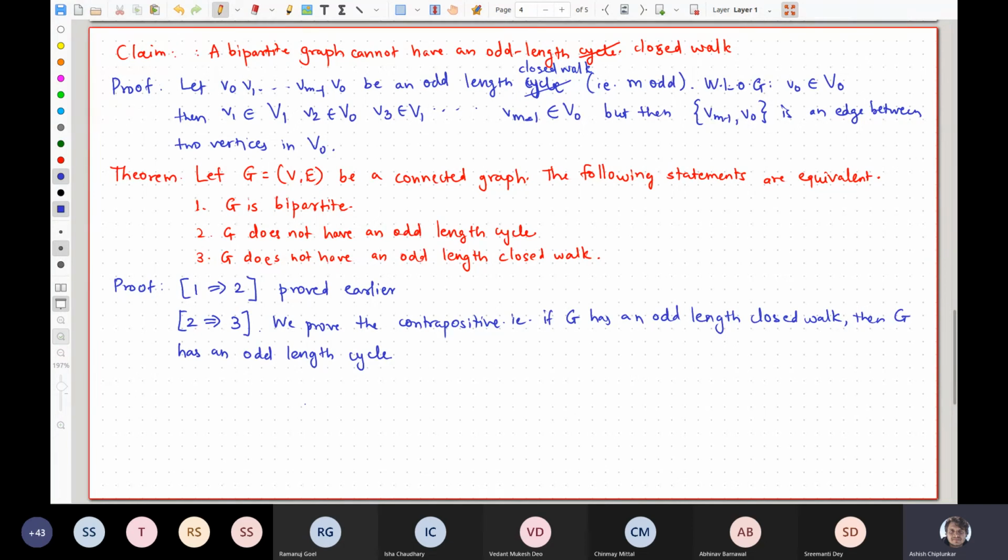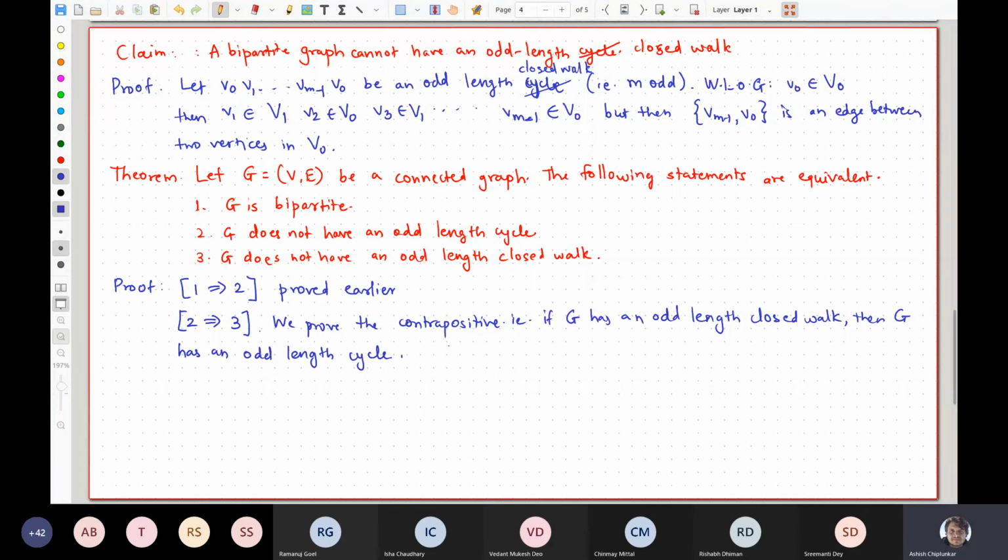Well ordering principle. Absolutely, lovely. Do you want to elaborate on that? So you consider the odd length closed walk with the minimum number of edges, and then you claim that it must be a cycle. Okay, cool. Very nice.